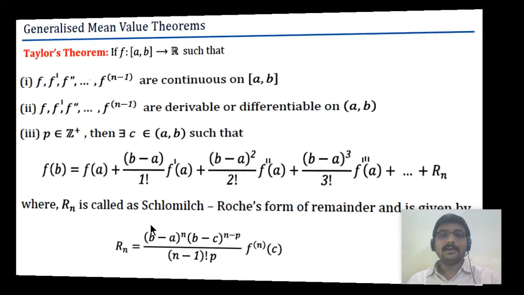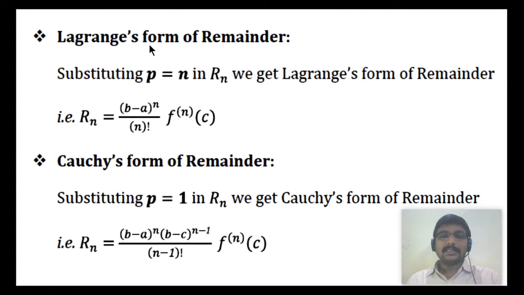So Lagrange's remainder, by putting p equal to n, we get Rn is (b minus a) whole power n upon n factorial into f nth derivative at the point c. Similarly, Cauchy's form of remainder, by putting p equal to 1, is (b minus a) whole power n into (b minus c) whole power (n minus 1) by (n minus 1) factorial into f nth derivative at c.